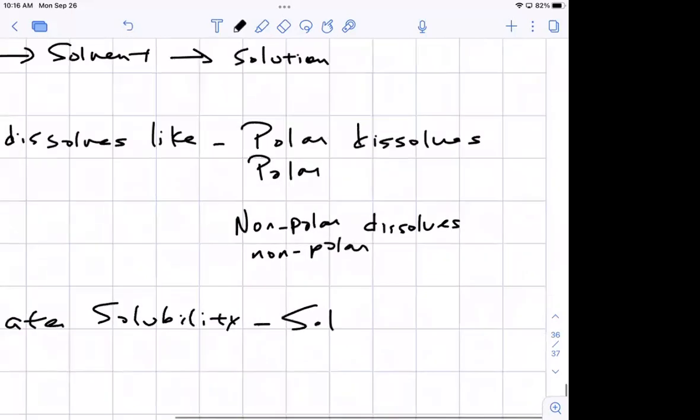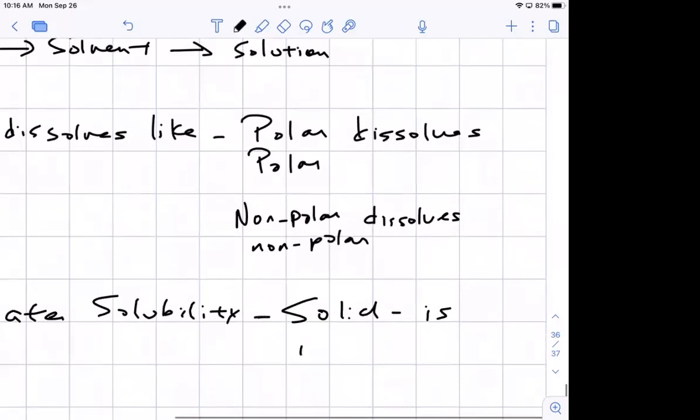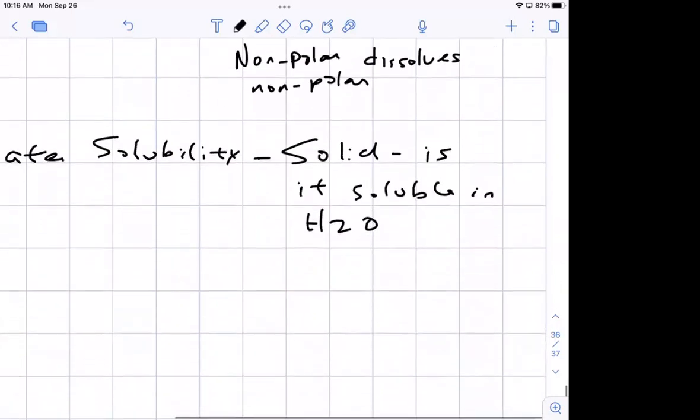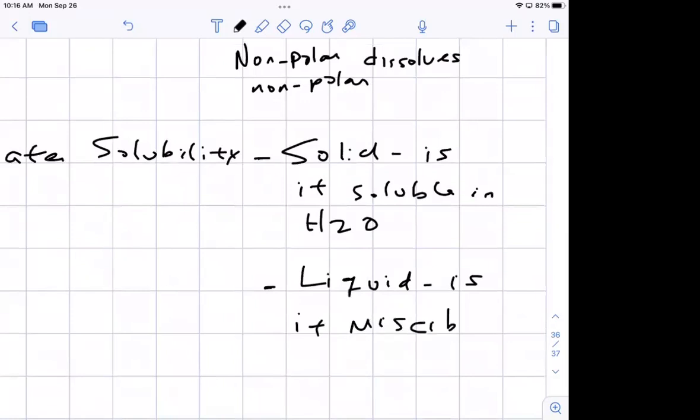So for a solid, we want to ask if it's soluble in water, and then for a liquid, we want to ask, is it miscible? Right, that's a different term.